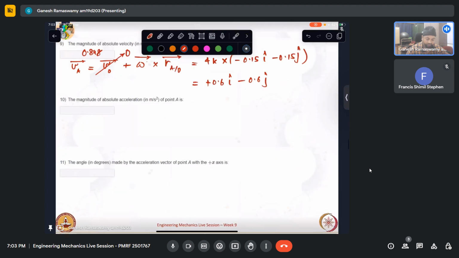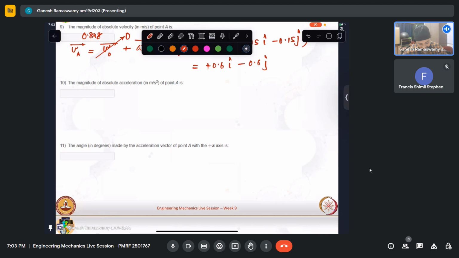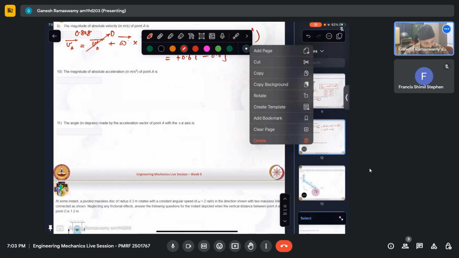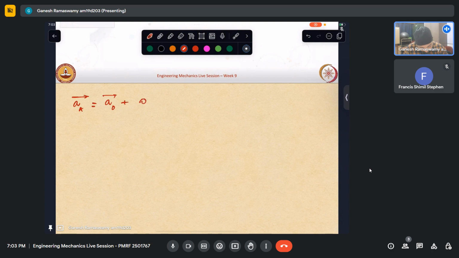Now the magnitude of absolute acceleration of point A is asked. So the absolute acceleration we know, if I were to do the same as fixing at ICR, is acceleration of A equals A of O plus omega cross omega cross R A with respect to O plus alpha cross R A with respect to O. Only difference is that alpha is non-zero this time.